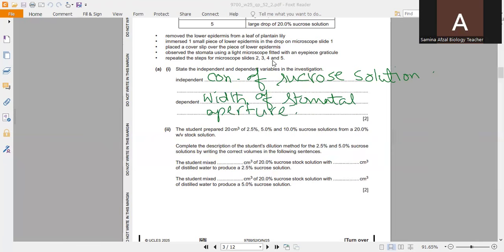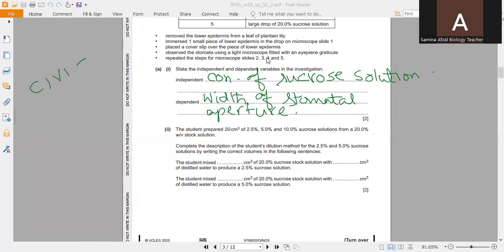To prepare 2.5% sucrose solution, the student has to mix 2.5 of 20% sucrose solution with 17.5 milliliters of distilled water, because we have to use the formula C1V1 = C2V2 for this purpose.